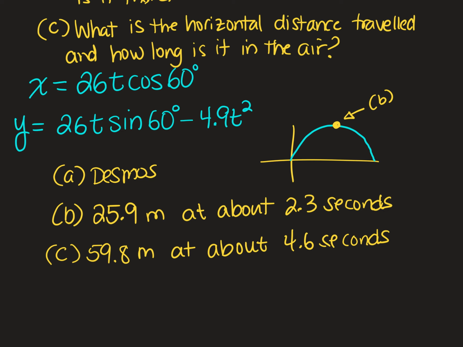We looked for how high that highest point is and the number of seconds it took to get there, so you look for your y value and your t value at that point. And then here was how we answered question C. What's the horizontal distance traveled? What's the x value at point C? And how many seconds does it take to get there? Mess around with t to figure that out.